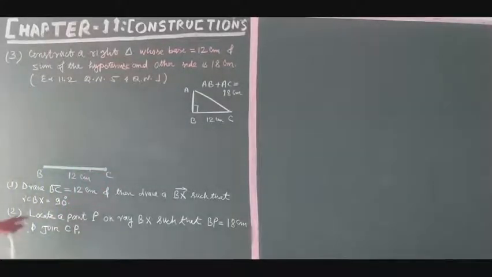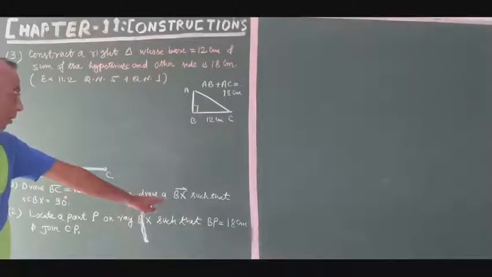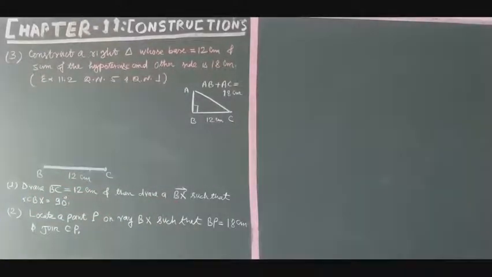Just look at this. Draw BC equal to 12 centimeter and then draw a ray BX such that angle CBX is 90 degree. We will construct the 90 degree angle at point B.